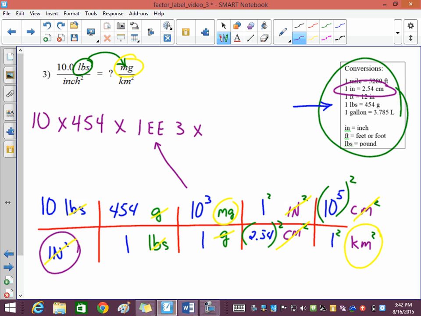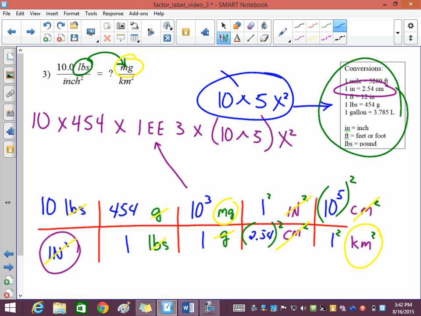If you are using a caret button, you need to employ a set of parentheses right now, which would be 10 caret 5, close the parentheses, and then square. If you do 10 caret 5 square, then this registers as 10 to the 25. So you have to be aware of what your calculator is doing for you.